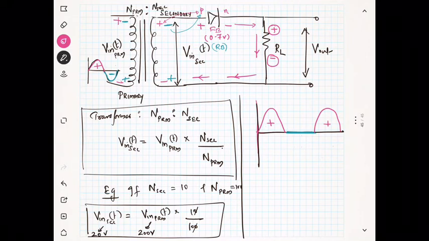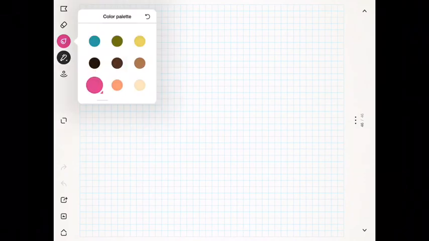Now we will talk more about the type of the input. This is the time and this is the voltage V out. Then what will be the peak magnitude of this, that is what we are going to analyze. So I will draw the circuit diagram again.